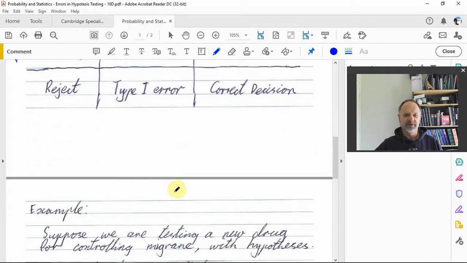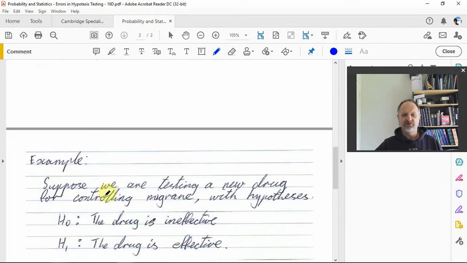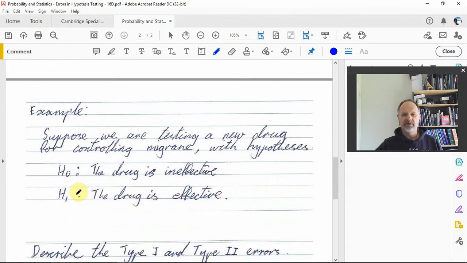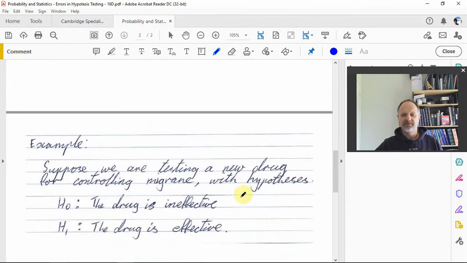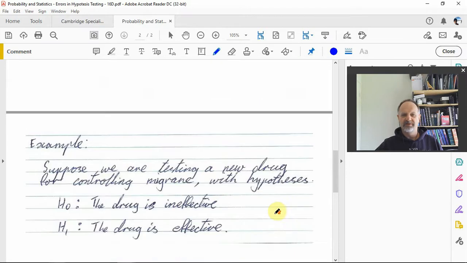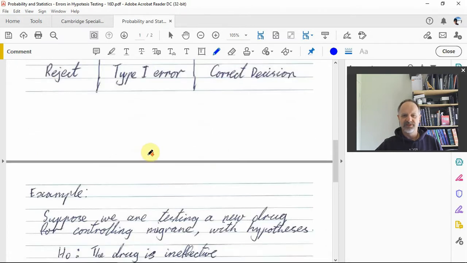So here, for example, suppose we're testing a new drug for controlling a migraine, and the null hypothesis is that it's ineffective, and the alternative hypothesis is the drug's effective. So describe the type 1 and type 2 errors. Type 1 error is that you reject the null hypothesis, but the hypothesis is correct.